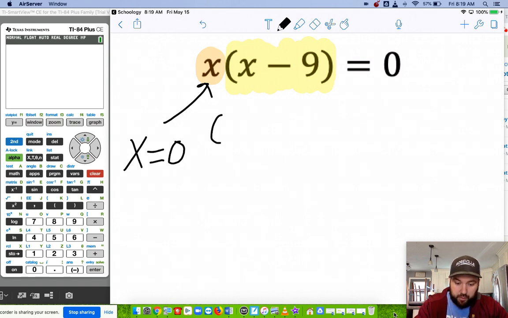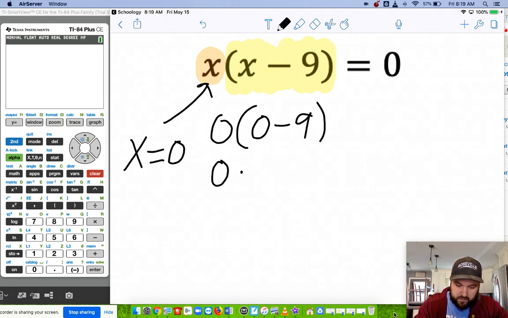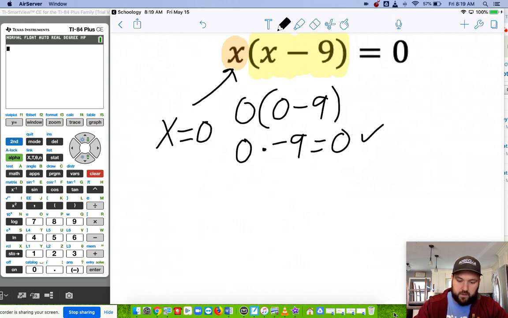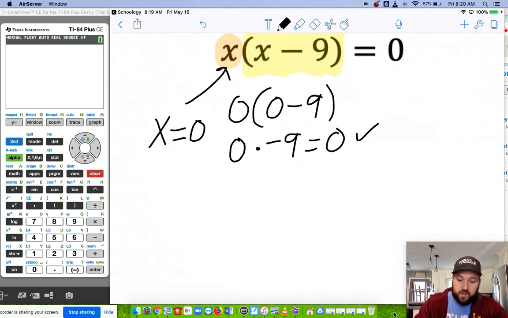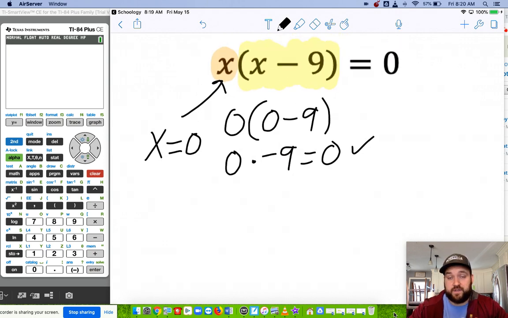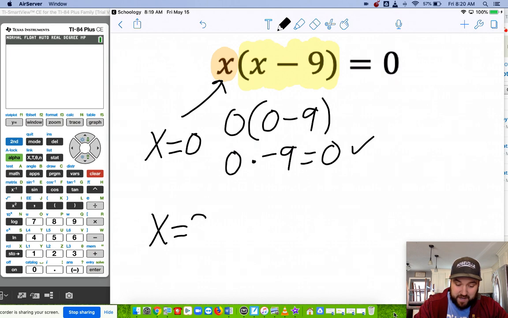If I replace both the x's with zeros, I have 0 times -9, which is 0, which is what I want. Okay. So what would make the other set of parentheses 0? Or what would make the other highlighted piece equal to 0? And that answer is going to be +9.